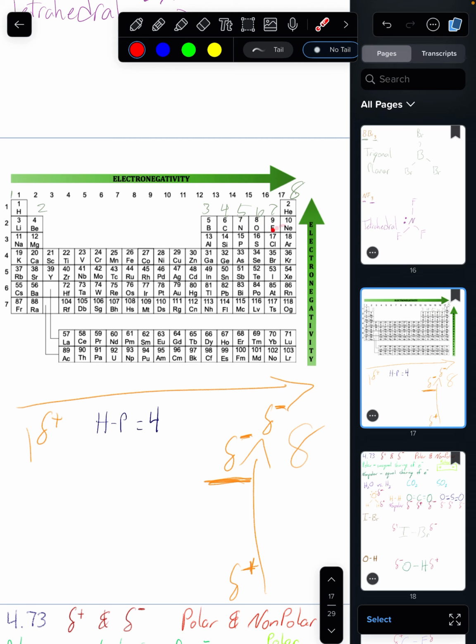Now, if we do our hydrogen and our chlorine, we can see that it's going to be 1, 2, 3, 4, 5, 6 steps. Now we're doing hydrogen and oxygen. So that's going to be 1, 2, 3, 4, 5 steps.